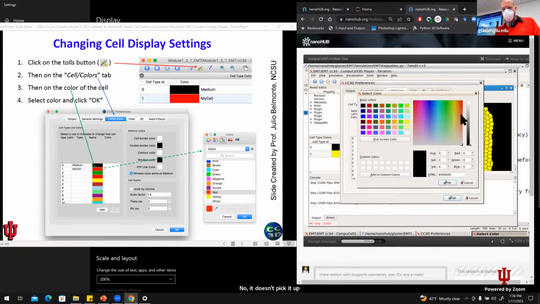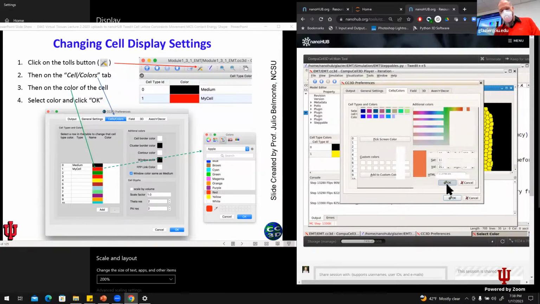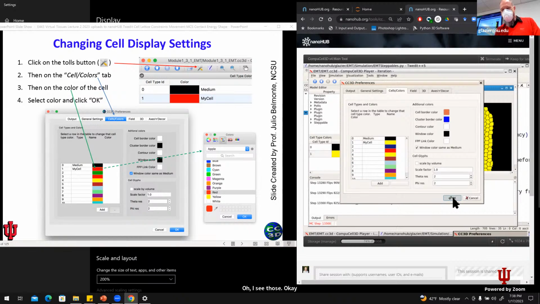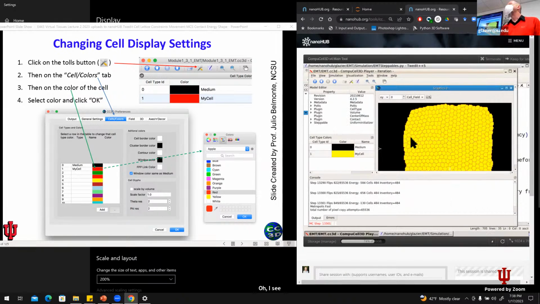Yeah, doesn't let me update it. Oh, I see. There's a saturation number. Thank you. It's too fancy. Okay, now I've got red down. Thank you. Another feature that didn't exist the last time I tried to play that.